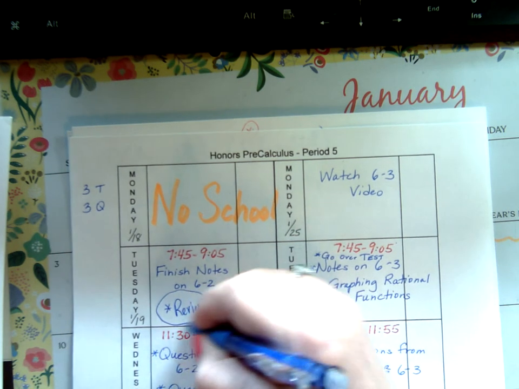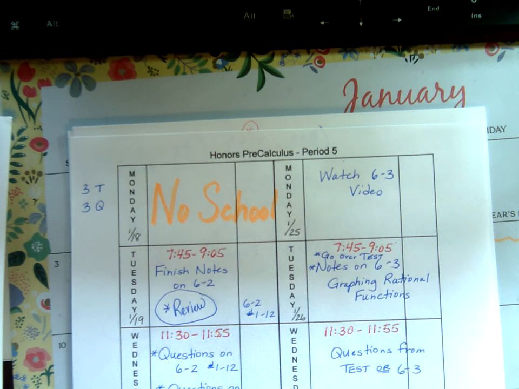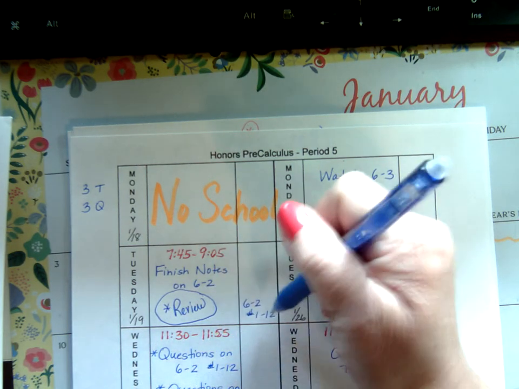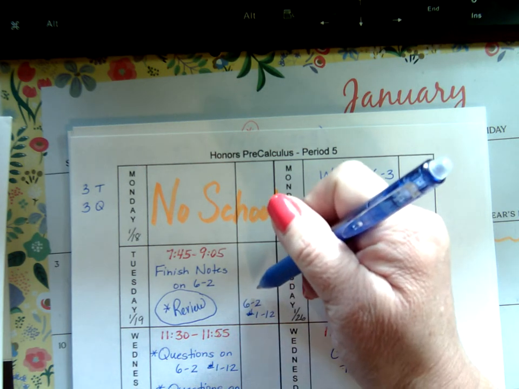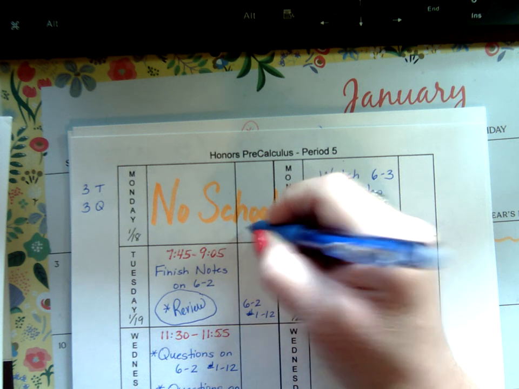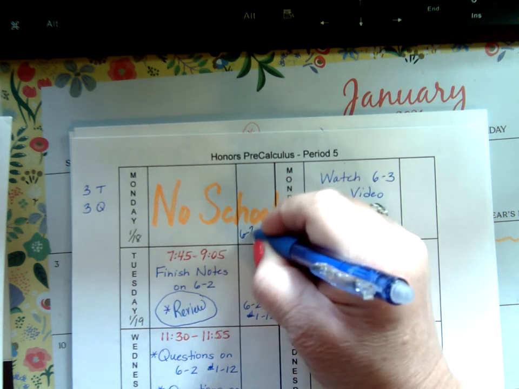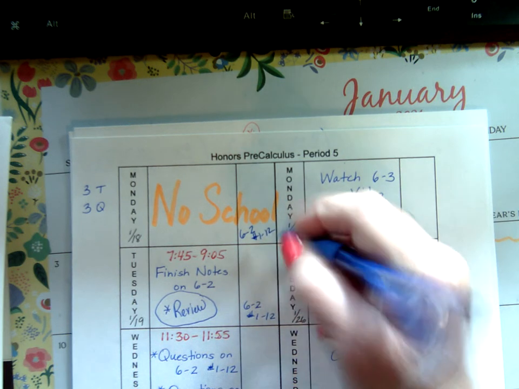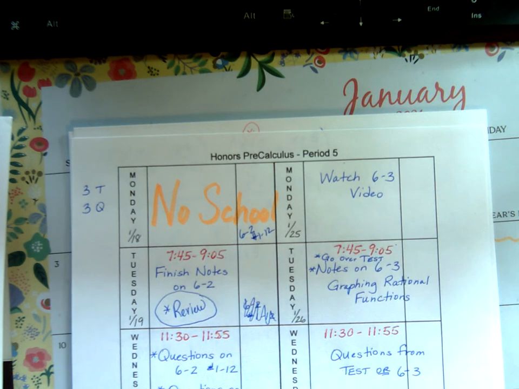What I'd like to do is go over this assignment on Tuesday. So I'm going to say it's due by the end of the day Monday. So that gives you the weekend to be able to do it. So 6-2 numbers 1 to 12 are due by Monday so that we can go over them Tuesday. That should give you plenty of time between now and then to get that done.